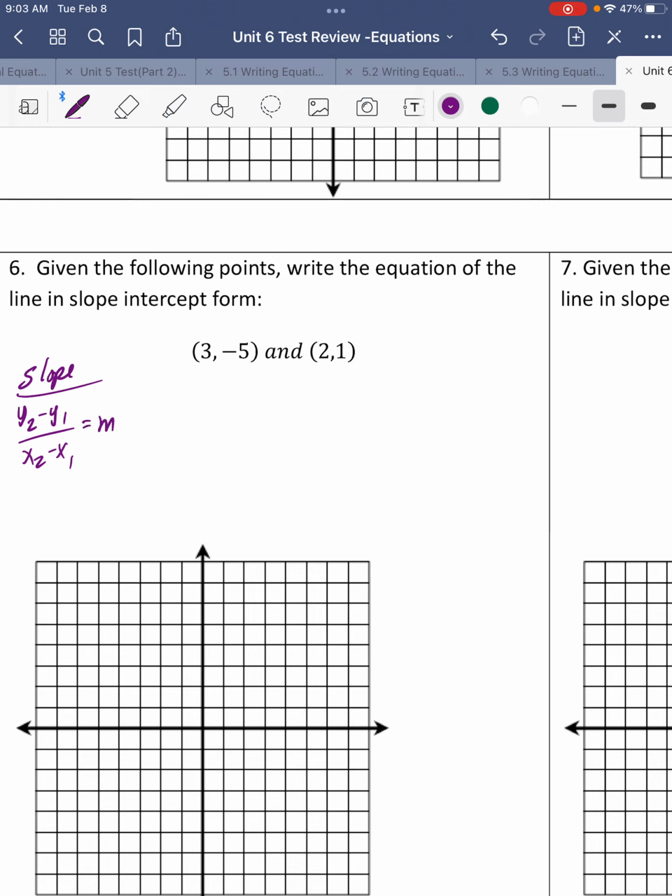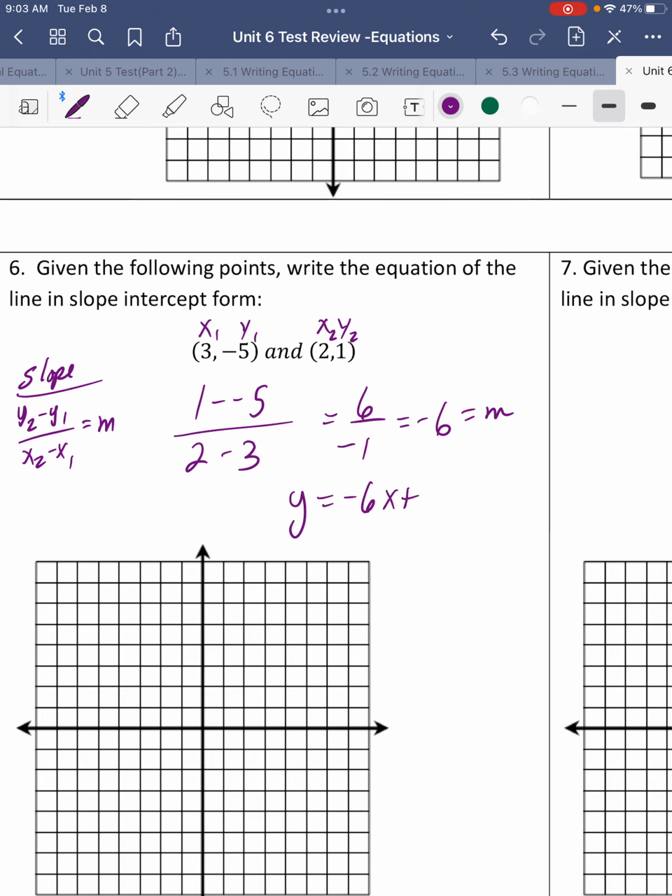And then we have, so the slope is m, xy, xy, first coordinate, second coordinate, 1 minus negative 5, 2 minus 3, 6 over negative 1. So our slope is negative 6. So y equals negative 6x plus b.